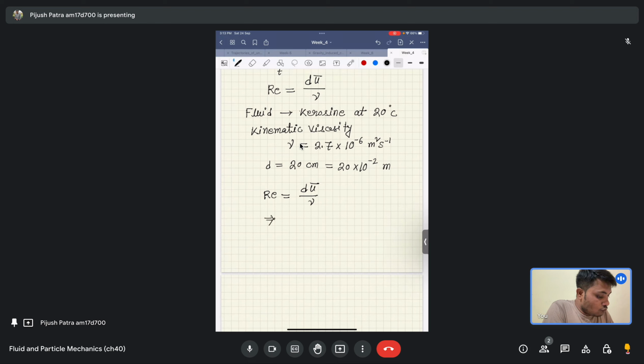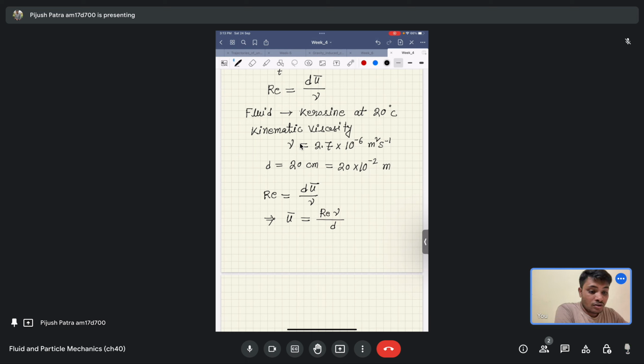That implies u bar is equal to Re nu divided by d. Is that fine?